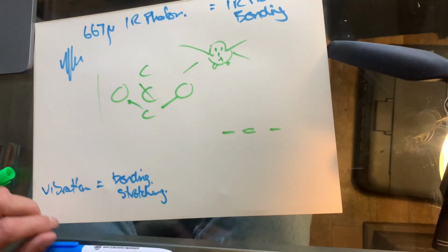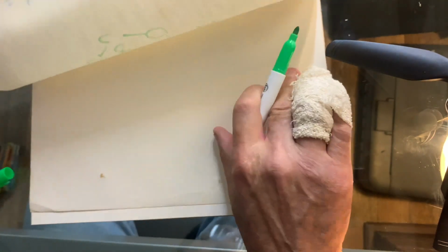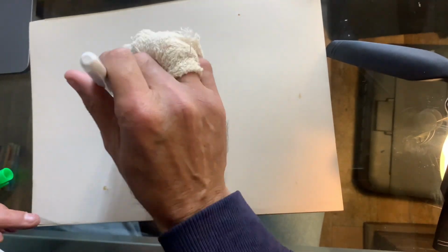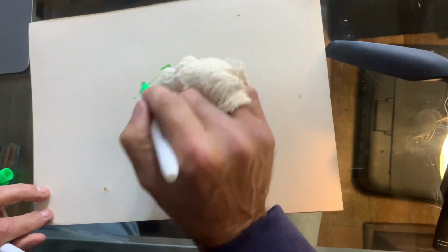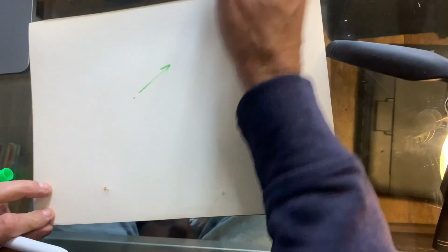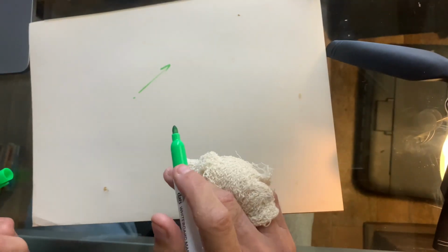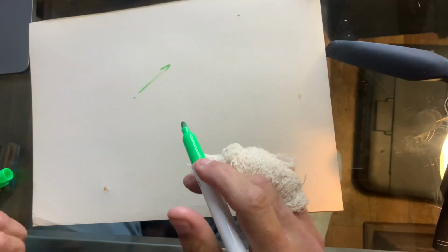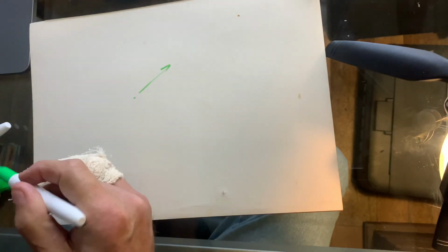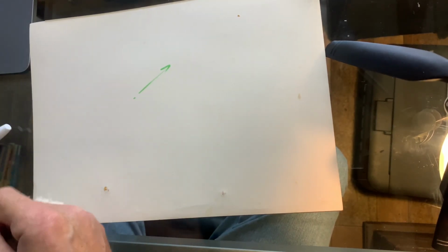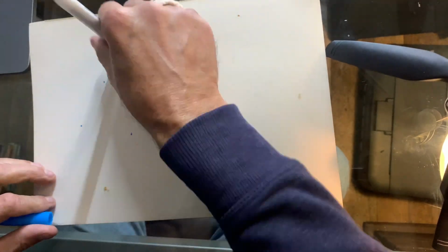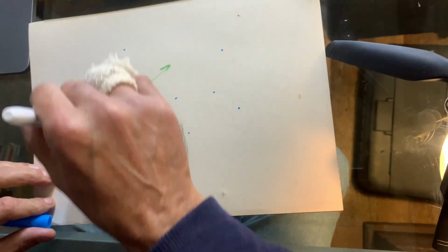All right, now, let's not forget that the molecules are not just sitting there doing nothing. The molecules are actually flying around the place at hundreds of kilometers a second, right? So let's say, for example, the green is the CO2, and then you're going to have hundreds of these ones.